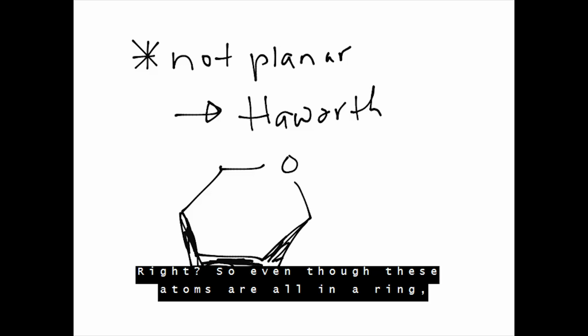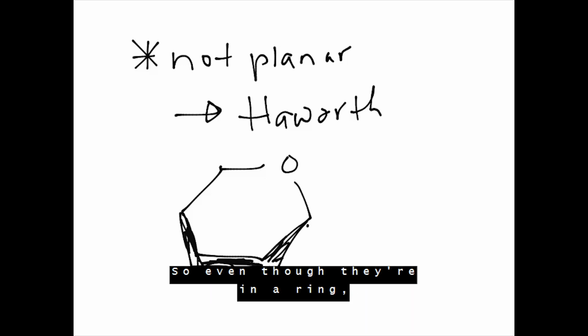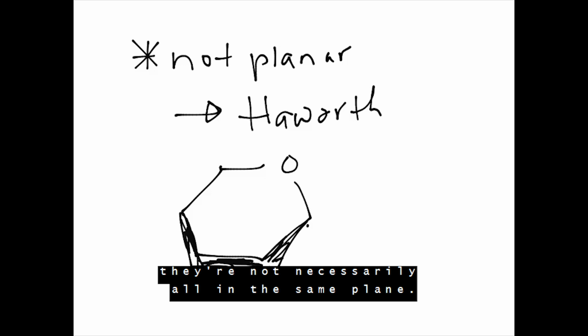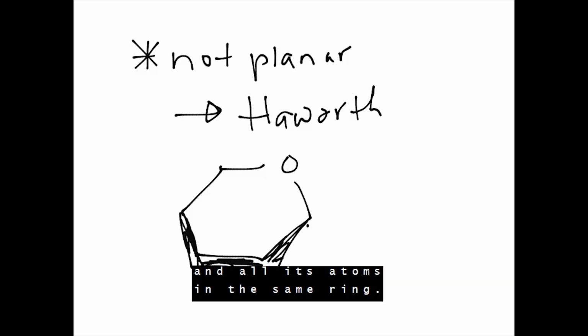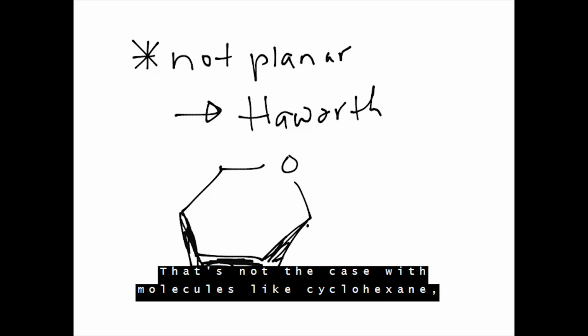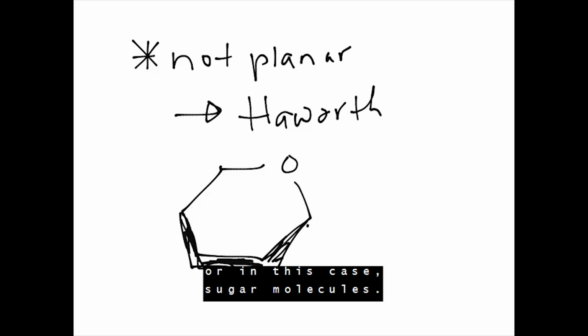So even though these atoms are all in a ring, you can still have partial rotations about the bonds. Even though they're in a ring, they're not necessarily all in the same plane, unlike the case of benzene, which has the resonance structure and all its atoms in the same plane. That's not the case with molecules like cyclohexane, or in this case, sugar molecules.